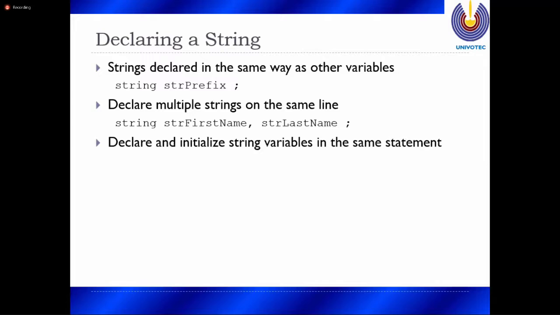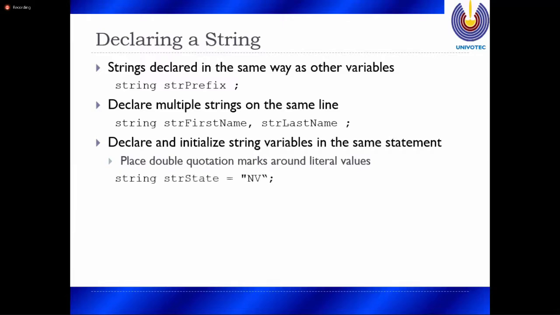From time to time you can declare and initialize the string variable in the same statement. Then you place double quotation marks around the literal value. That's a double quotation, and it's a string.